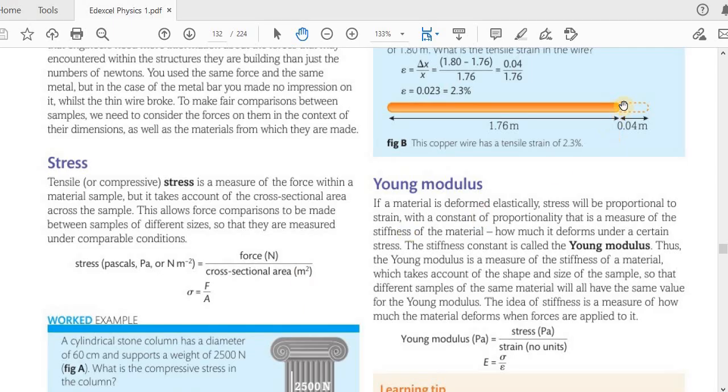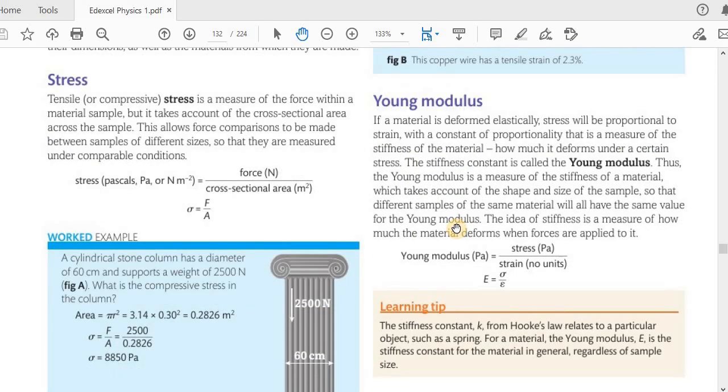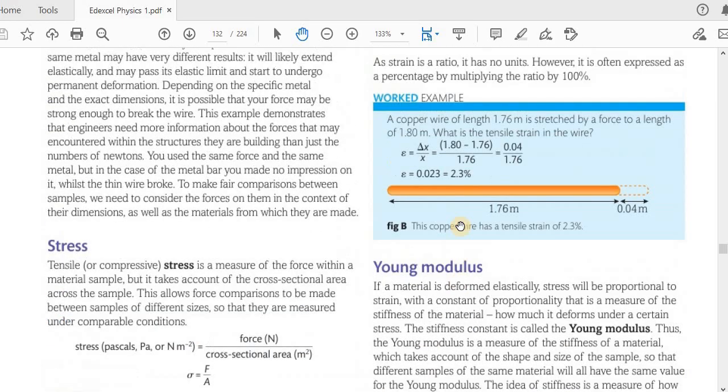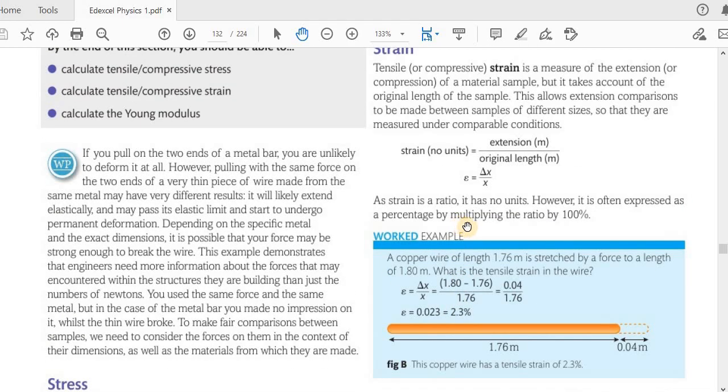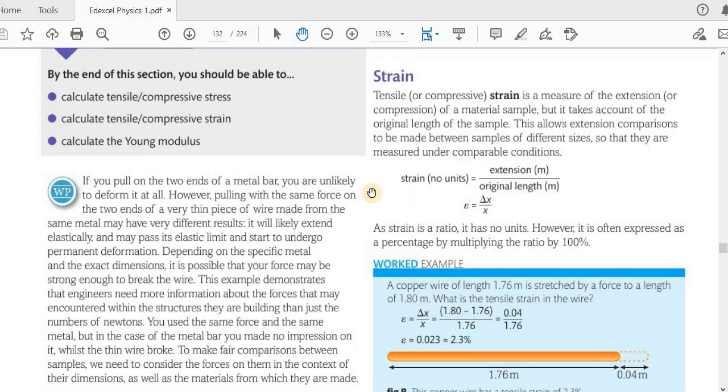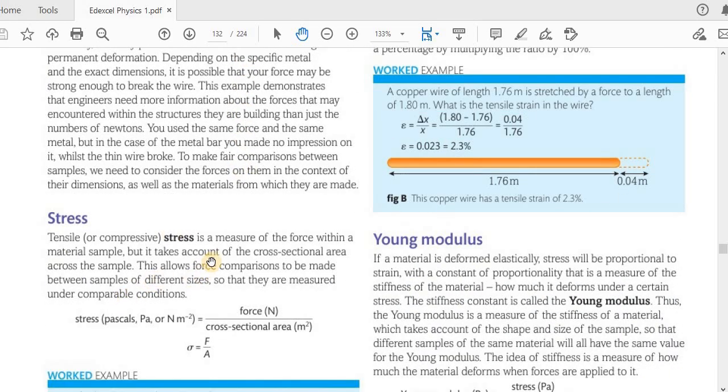If you consider a wire, the cross-section of the wire is what you have here. But in the equation for pressure, it's just force over the area on which that force is applied. Force divided by area on which the pressure is applied. Here the word we use is stress. This is different, but the unit is the same.